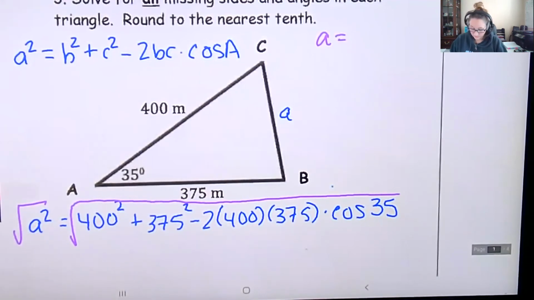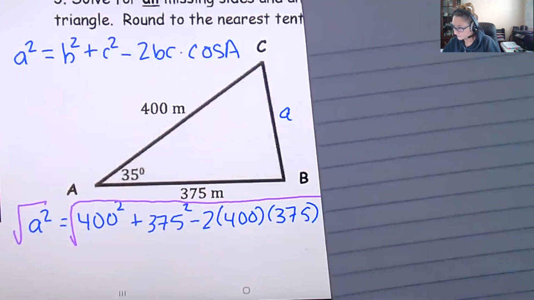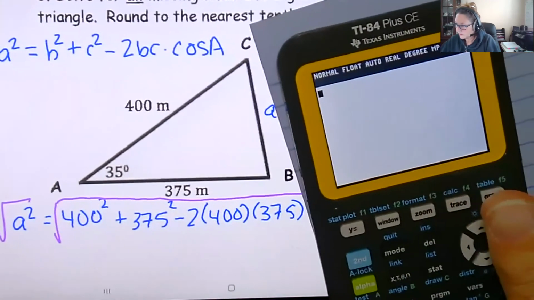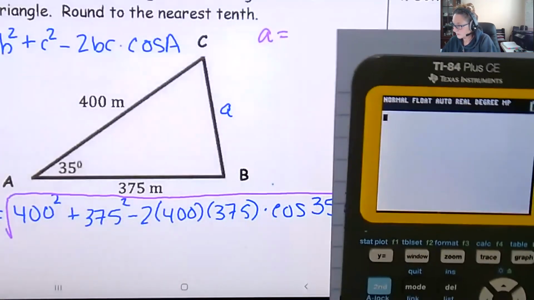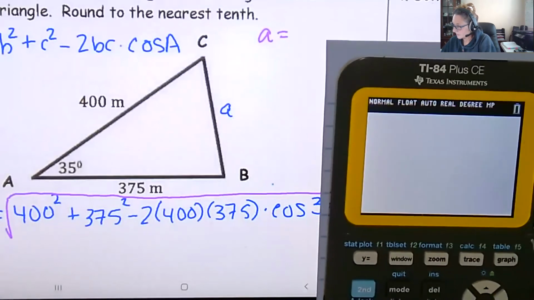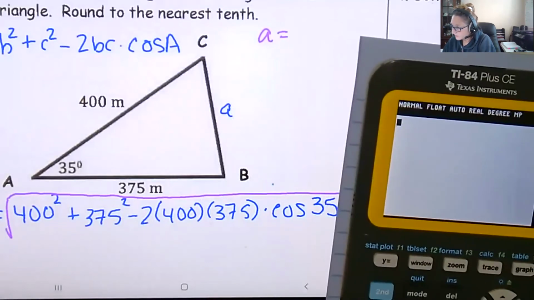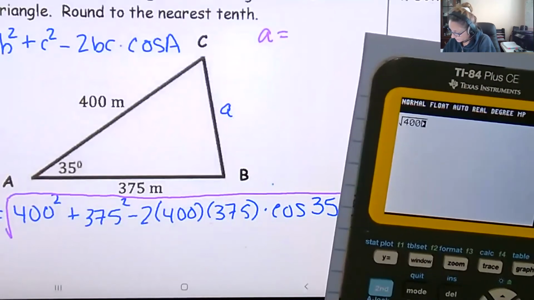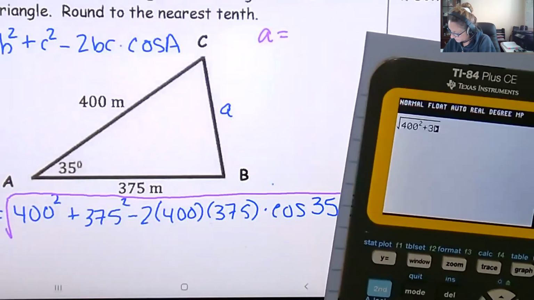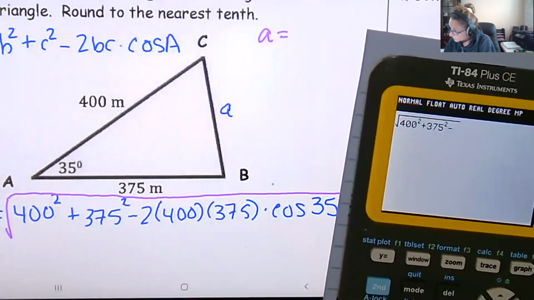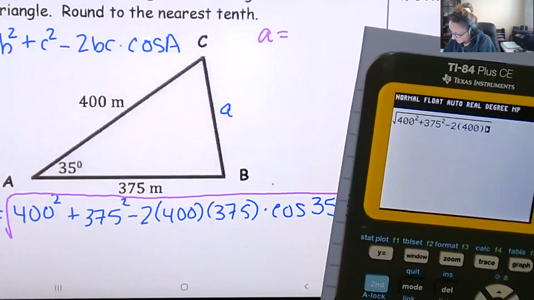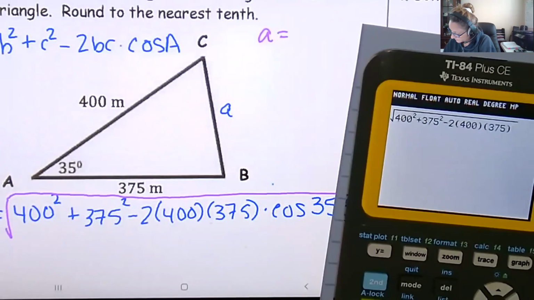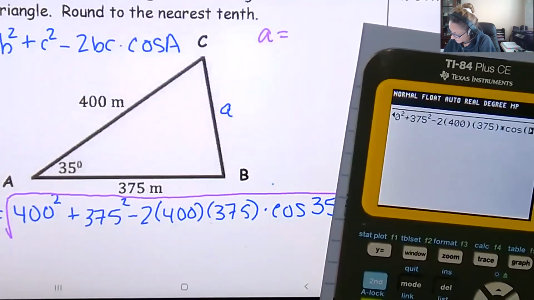So I'm going to put that into my calculator. Let's see if I can move this out. Okay. So I'm going to, that's a 35. So I'm going to go square root, and I'm going to put all that in. 400 squared plus 375 squared minus 2 times 400 times 375 times cosine of 35.